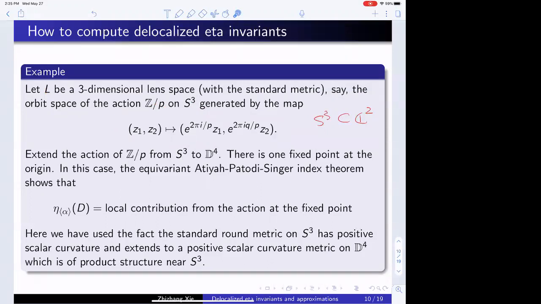You can ask for its delocalized eta invariant at some element from some conjugacy class of the cyclic group here. Here's the computation. First, you notice that you can extend the action of this cyclic group on S3 to the bounding disk D4. Of course, once you extend it, the action is not free anymore. There's a single fixed point of this action at the origin of the disk.